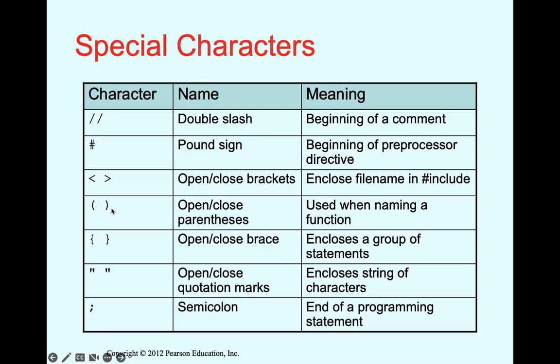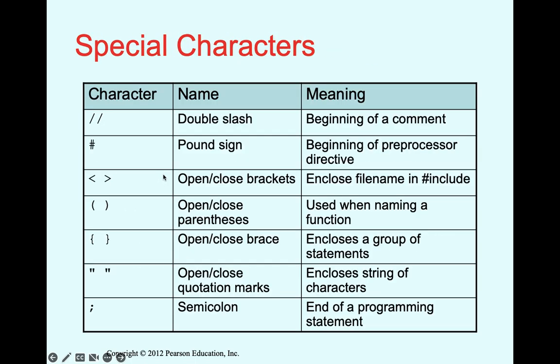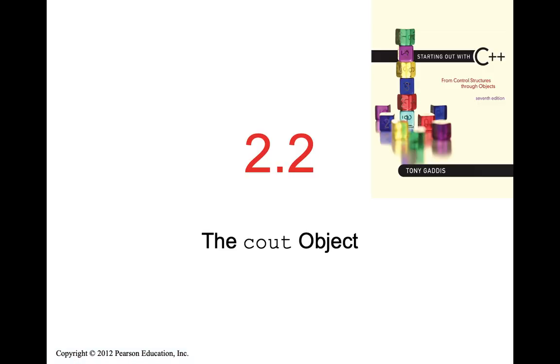Here in the main method, when we name a function, we write these kinds of brackets. Here is the beginning and the end of the main function block. Here are the beginning and the end of the string, or the sentence, that we want to print. Here is a semicolon at the end of every programming statement.